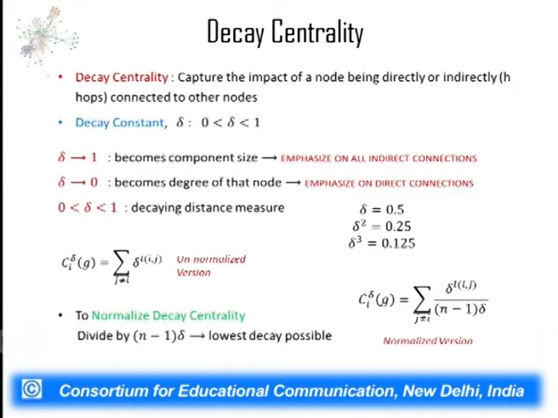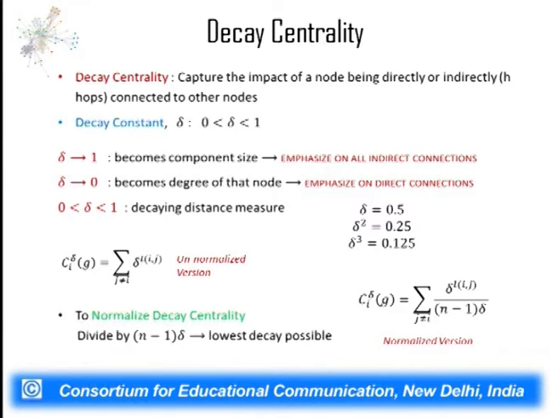So if you take some value of delta approaching 1, then it means it's becoming the component size. It means that we are emphasizing all indirect connections, that we want more and more information from far away places, from far away nodes. That is what we want if we set delta more towards 1.